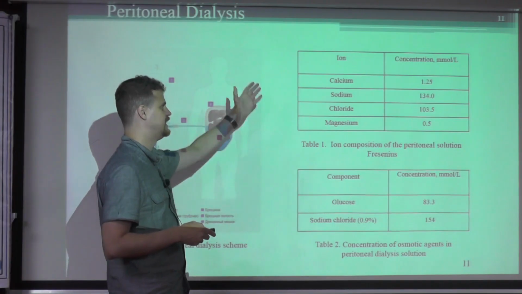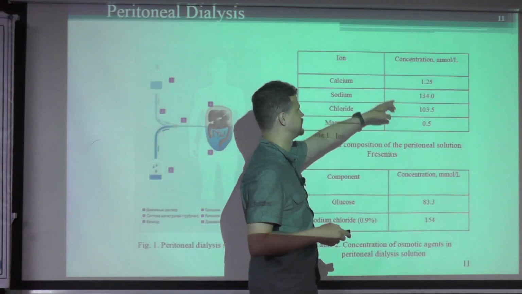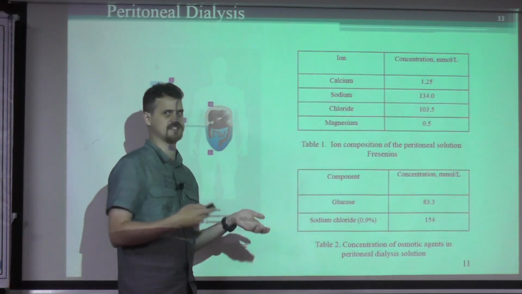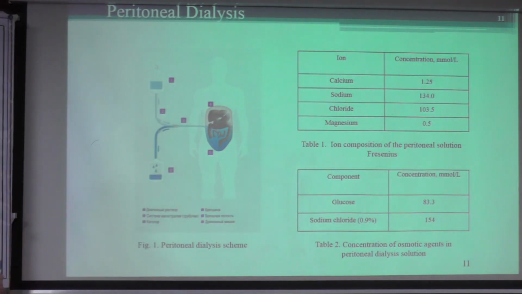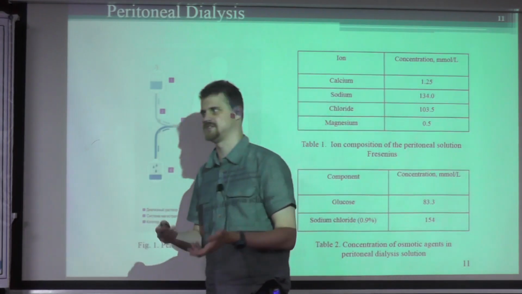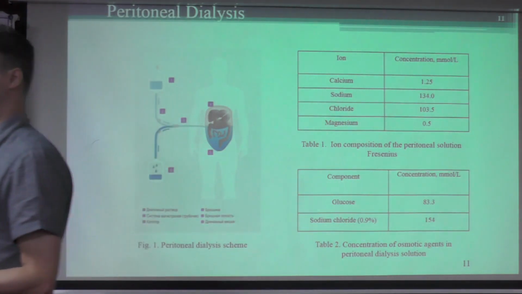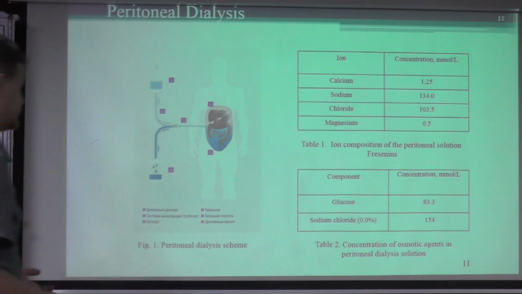Here you can see the example for Fresenius, so we need to make sure that the concentrations of these ions are more or less the same as the concentrations of those ions in human blood, with the only exception that sodium is usually a little bit lower in comparison with the sodium level in the human organism, to make sure that we remove some extra sodium from human blood, because in case of kidney failure, when people consume food, they acquire additional sodium, and we need to remove it through renal replacement therapy.